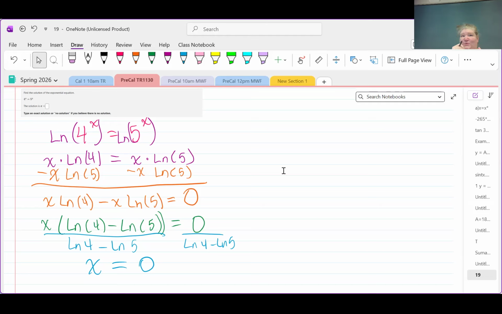But there's one spot that all basic exponential graphs go through, and that is the point (0, 1). So when I plug in the 0 power, 4 to the 0 is the same as 5 to the 0 because they both equal 1. So 0 is the only number that makes this equation true.